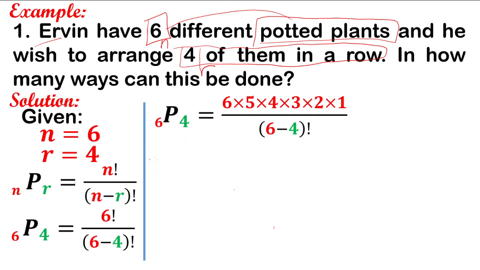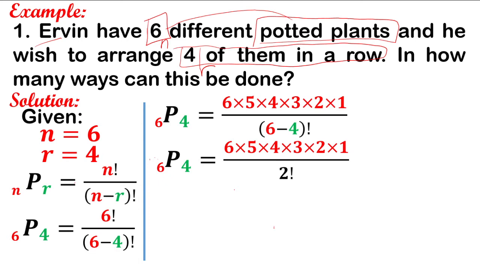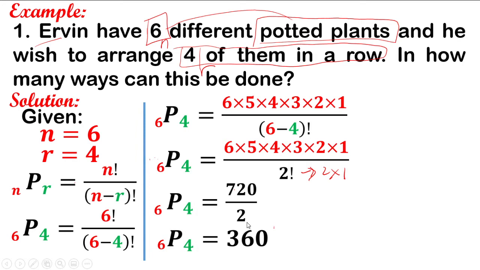And 6 minus 4 is equal to 2, and that is 2 factorial, which means 2 times 1, and that is 2. 6 times 5 times 4 times 3 times 2 times 1 is 720. Divided by 2, that is 360. Therefore, Irvin has 360 ways to arrange the 6 potted plants taken 4 at a time.